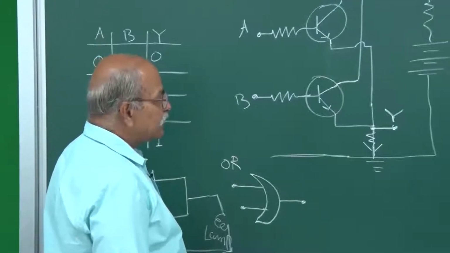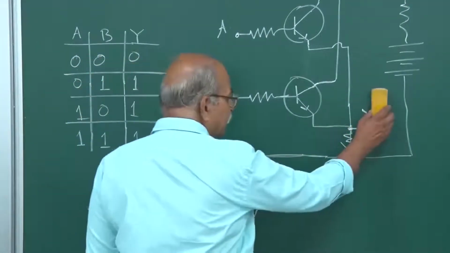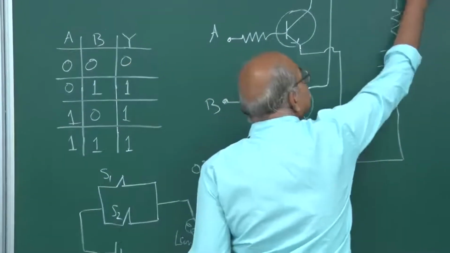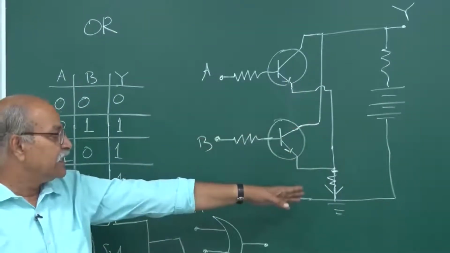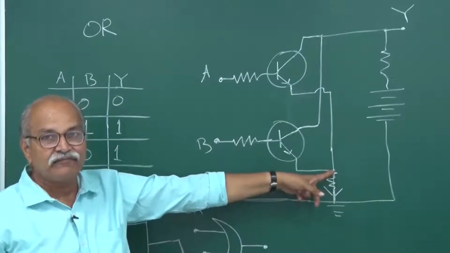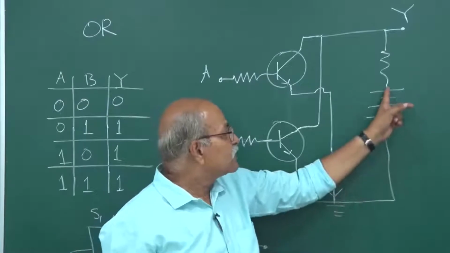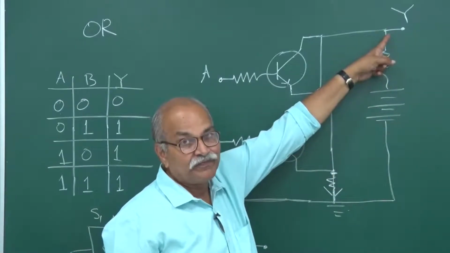Now in the same circuit, if you take output not from here but from here, if this is Y, what happens? Just opposite of it. Whenever there is a current, this potential is high because there is a current, but since the current is this way, this potential is low.